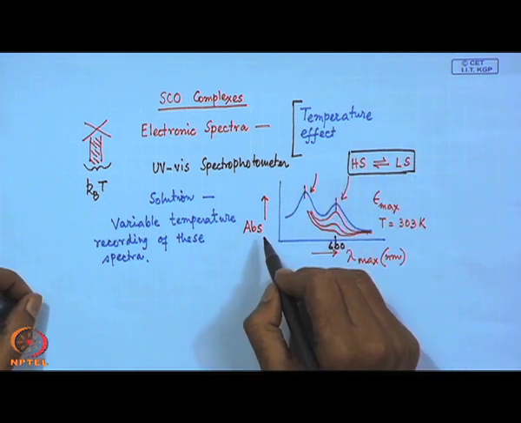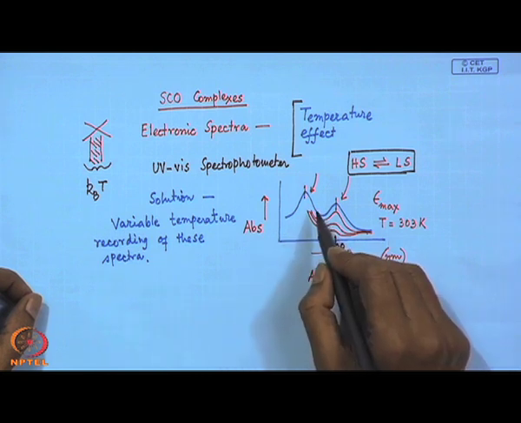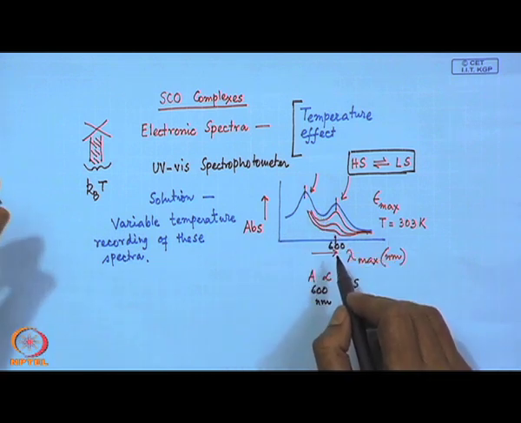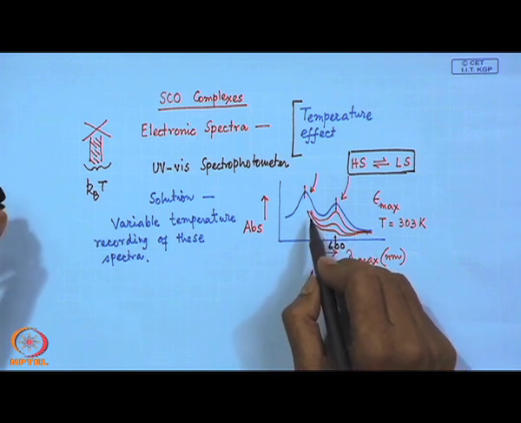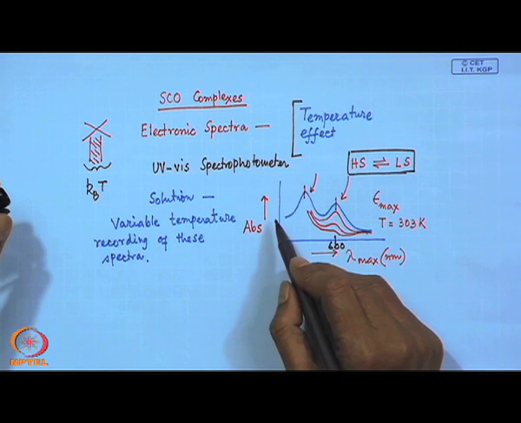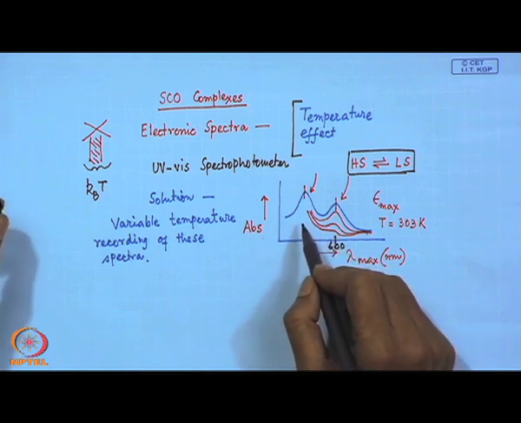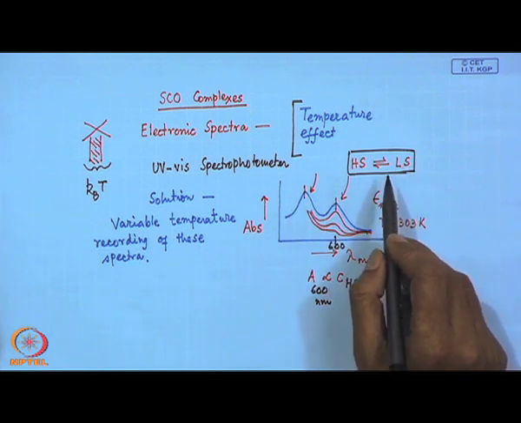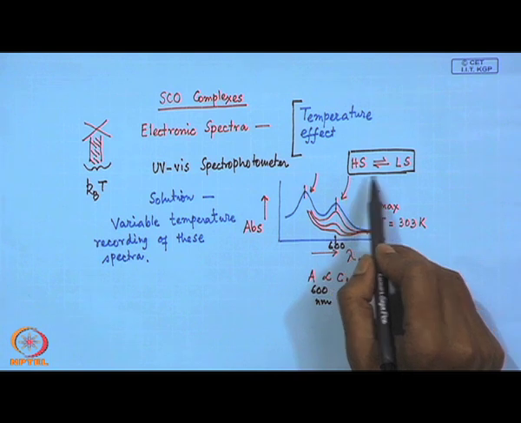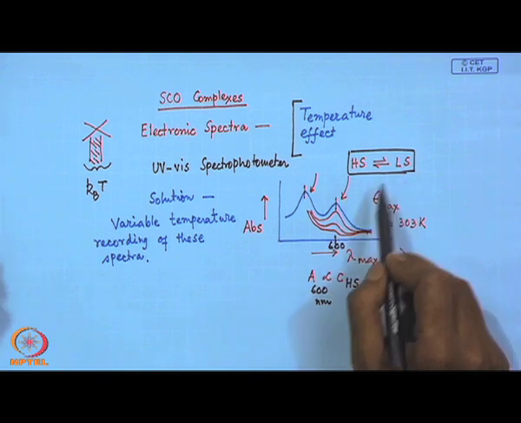So, at some other point we should see, in the electronic or optical spectrum, a band that is increasing. If it is not present at the initial stage, it will grow, because more and more high spin compound is converting to the low spin compound.